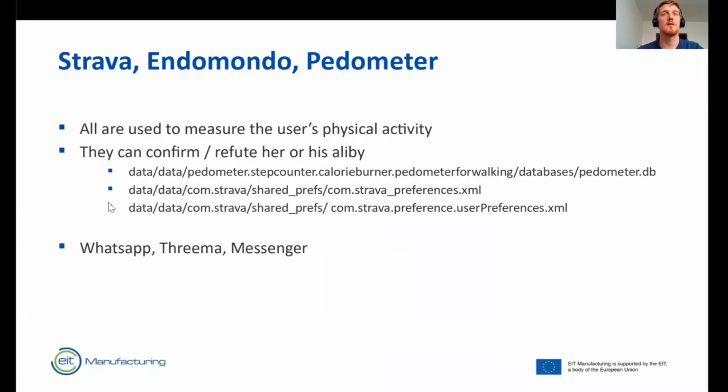And a whole other part for different presentations could be social media apps or instant messaging apps like WhatsApp, Threema, Messenger, Facebook, and so on. They can also be investigated, and we can try to get the data from them, the messages which were shared between the users.